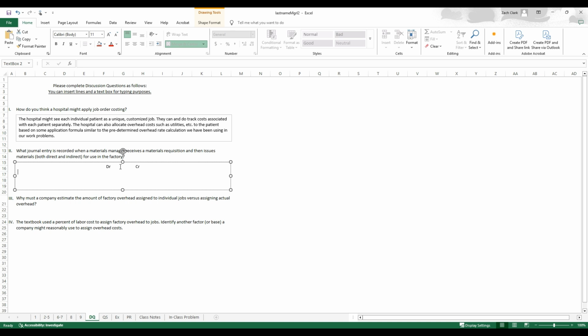So some sort of credit to cash, debit to our raw materials inventory asset for various things, raw materials and indirect materials, etc. And then the second entry, which is in this problem, if we're going to move those costs into a specific job through the job order costing system, we're going to debit an asset of work in progress, and we'll just put some X's in there to reflect some dollar amount, right?